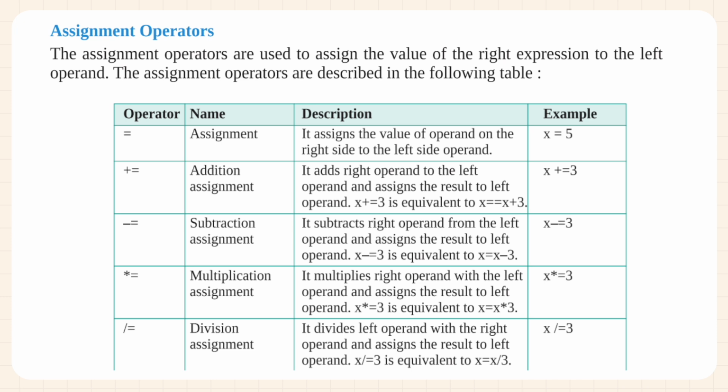It multiplies right operand with the left operand and assigns the result to left operand. x *= 3 is equivalent to x = x * 3. Division assignment. It divides left operand with the right operand and assigns the result to left operand. x /= 3 is equivalent to x = x / 3.